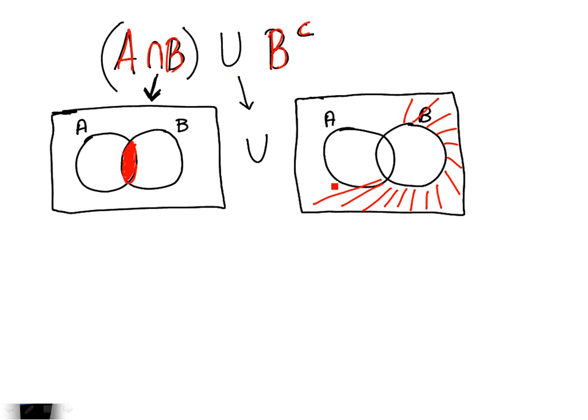Now if you were dealing with intersection, it might have been to your advantage to use two different colors to see where the two colors overlap. But since we're putting all this together, we can use the same color. It's really not a big deal. Alright, so this is B complement, everything outside of B.